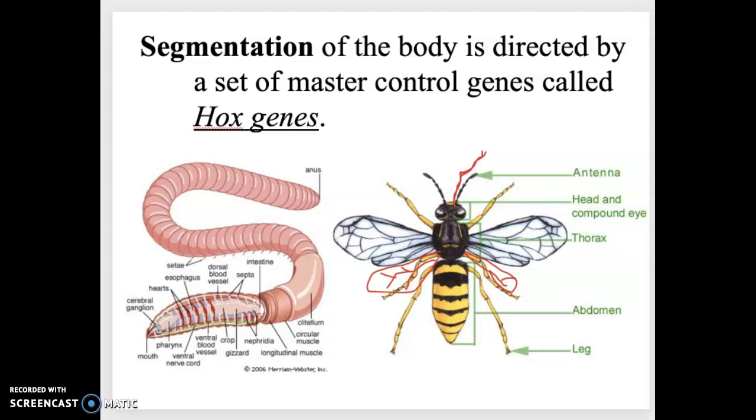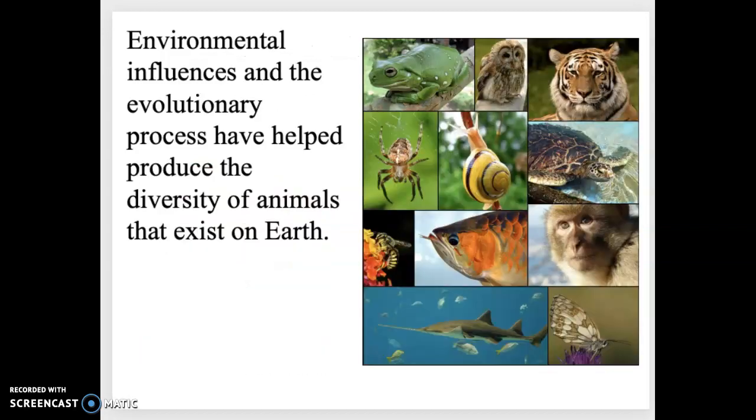So Hox genes are going to play a role in determining all this information about the animals and other groups as well. In the big picture, we have this huge diversity of animals on this planet.